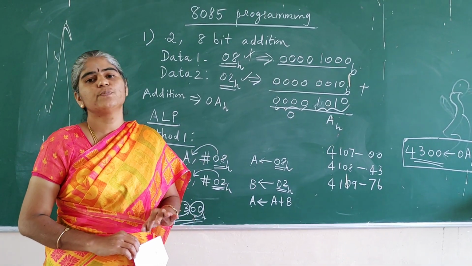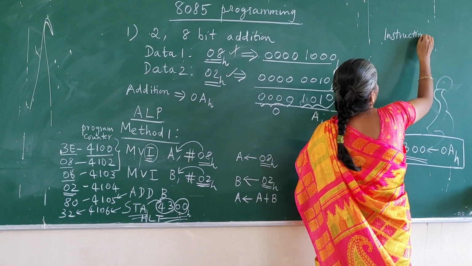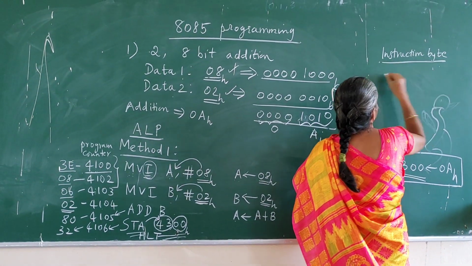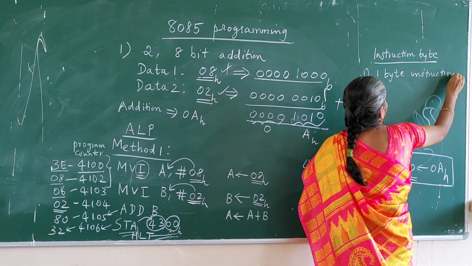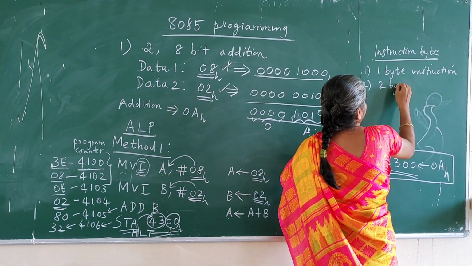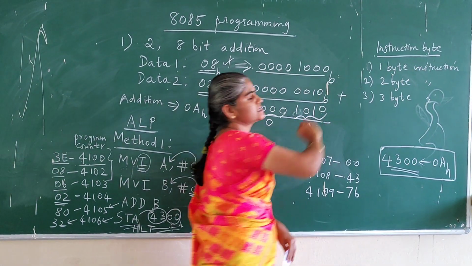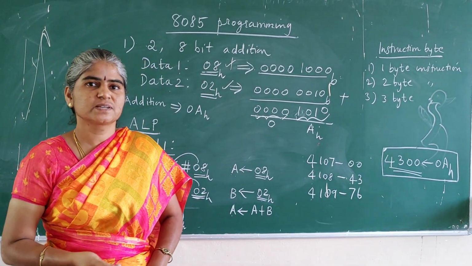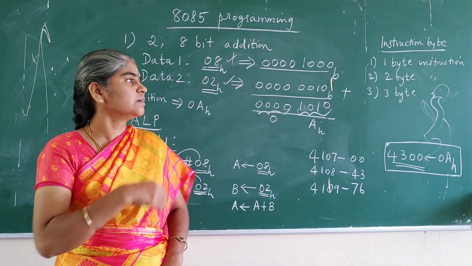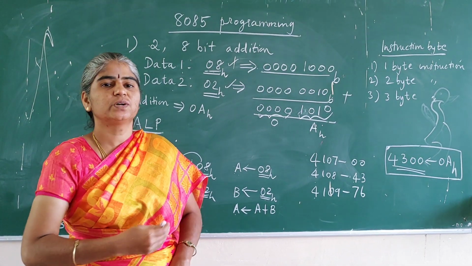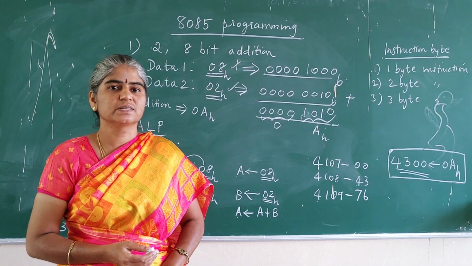There are 3 kinds of byte allocations available: 1-byte instruction, 2-byte instruction and 3-byte instruction. Based on these 3 categories of instruction set and the classification of instructions, such as data transfer, arithmetic, logical or control instructions, we are going to write assembly language programs for the 8085 microprocessor. Thank you all.